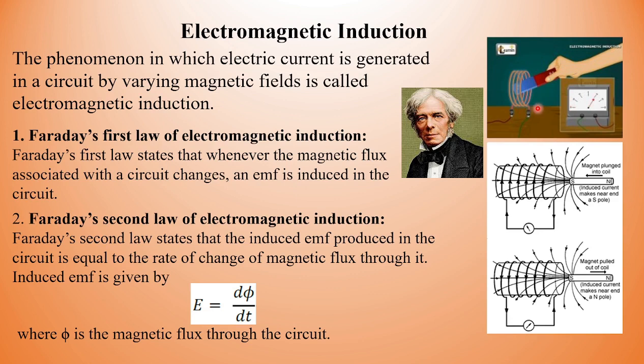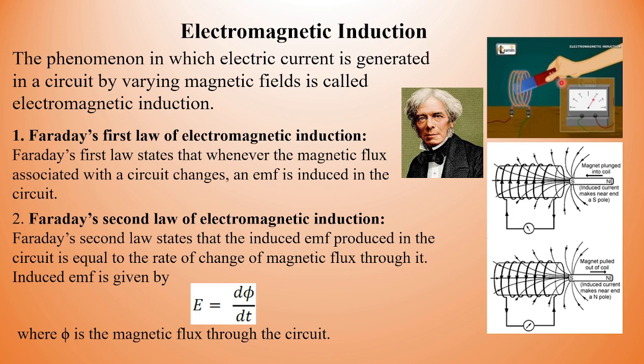That means whenever we move the magnet, the magnetic field lines associated with this coil vary, and this variation in the magnetic field induces a current.